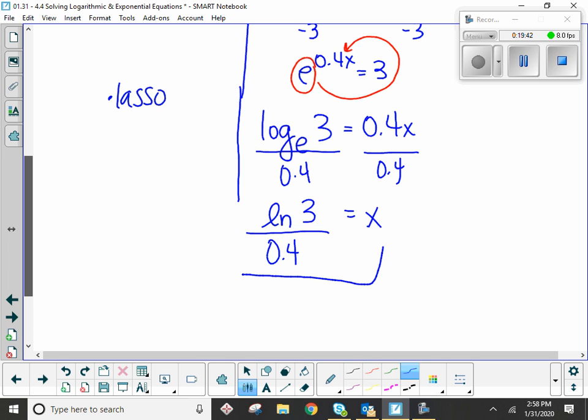Which form is this? Exact or approximate? Exact.